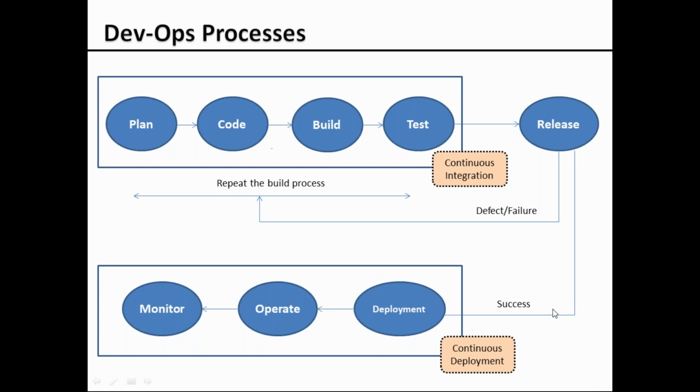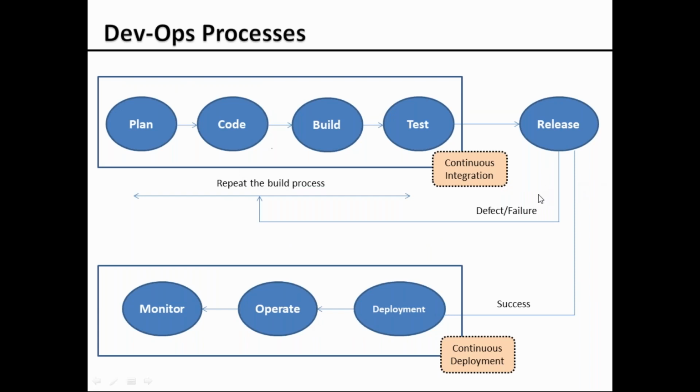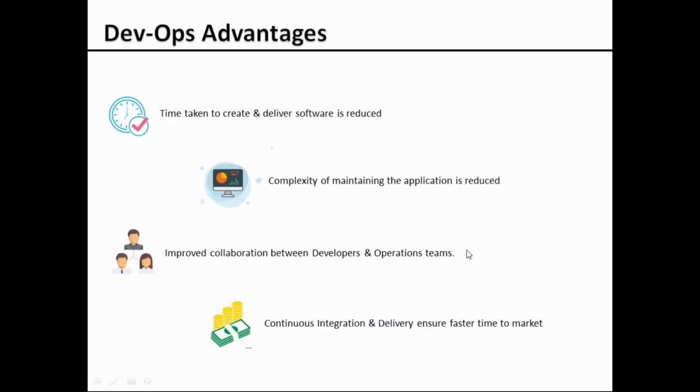But there is a bridge between these two. There are tools like Jenkins and Bamboo which bridge the dev team and the operations team, so that there is continuous integration and continuous deployment. There is no stoppage at all. It's a continuous process. This is the big advantage of using DevOps.